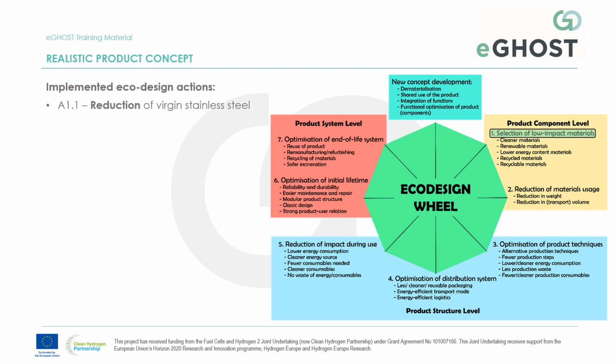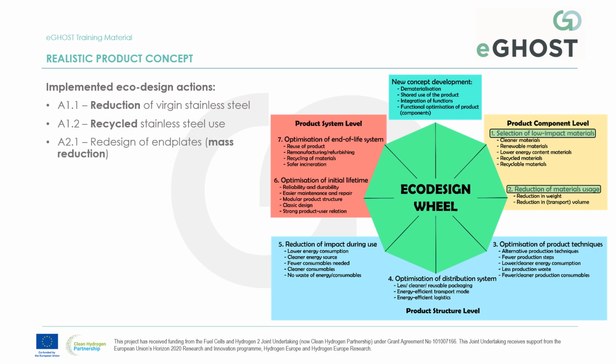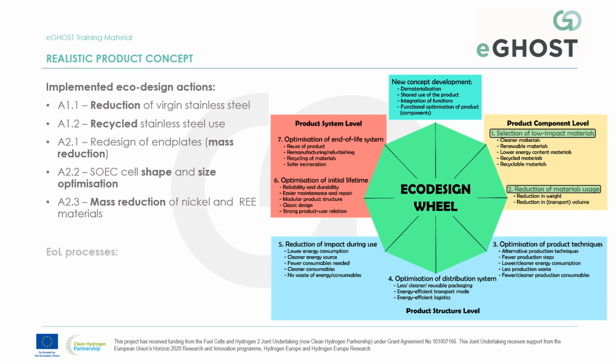First, we have the reduction of stainless steel. We have use of the recycled stainless steel. We have the redesign of end plates, which is basically the mass reduction of end plates. And we have the cell shape and size optimization. And we have the mass reduction of nickel and rare earth elements.